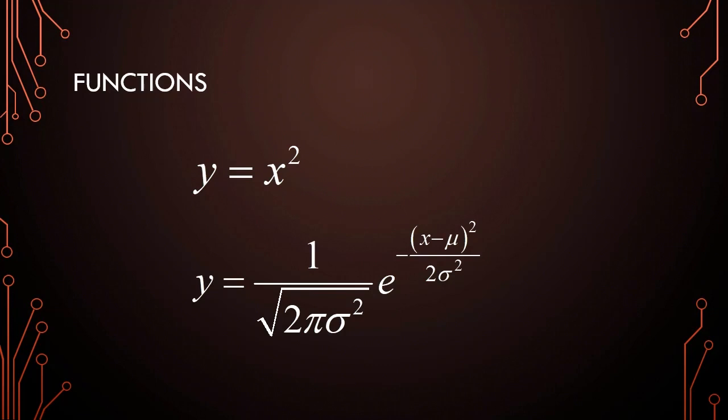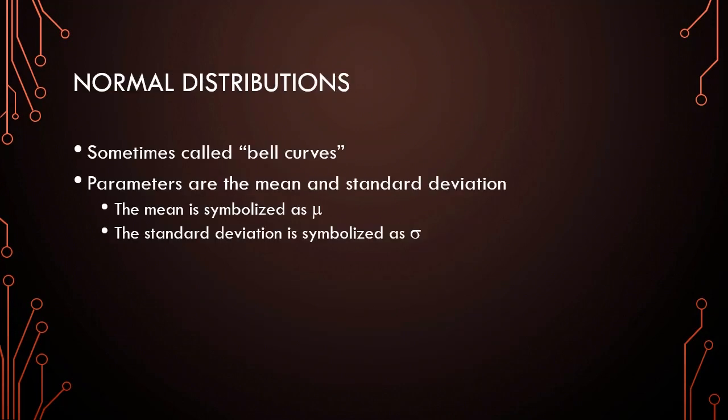To distinguish parameters from statistics, we use different symbols. Parameters are always symbolized with Greek letters. When we are referring to the mean of a normal distribution, we use the Greek symbol mu. When we are talking about the standard deviation of a normal distribution, we use the Greek letter sigma.